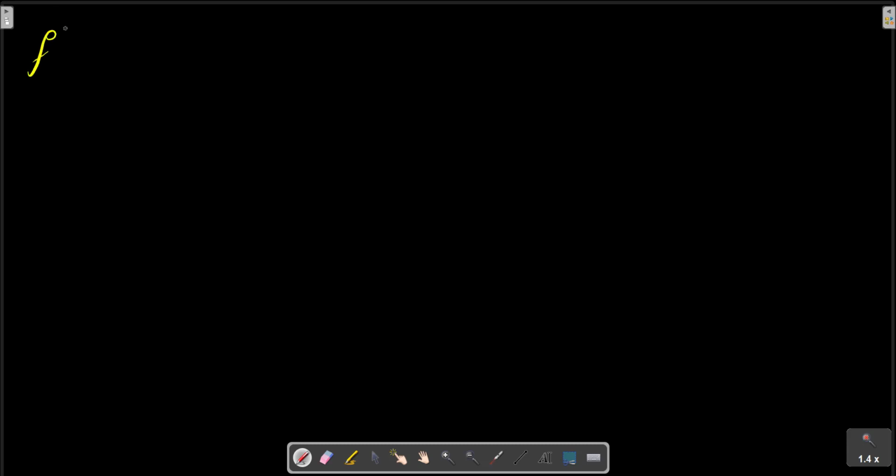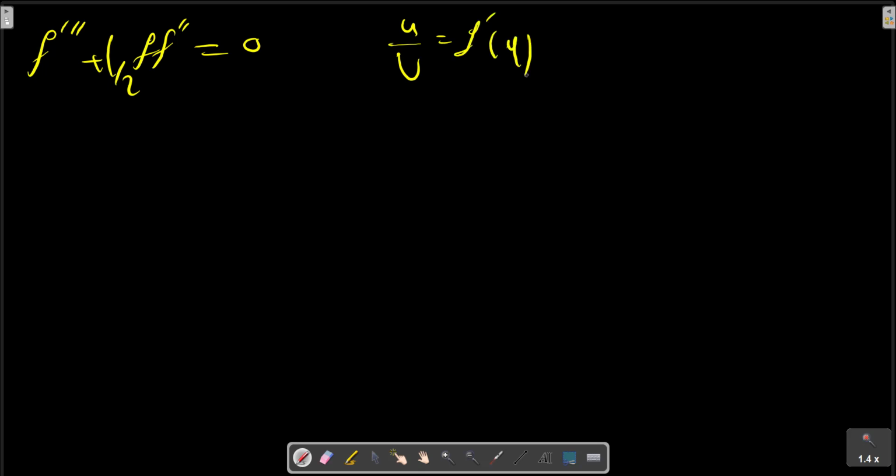The equation, where we have u over U equals f prime of eta, and eta is the dimensionless distance.